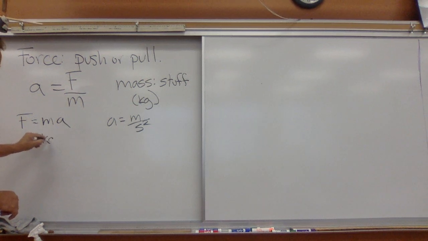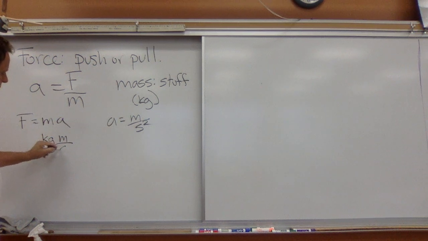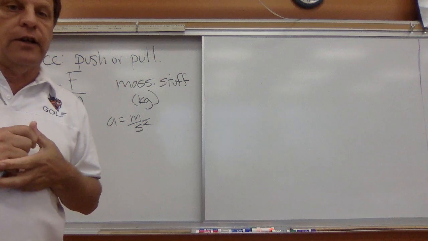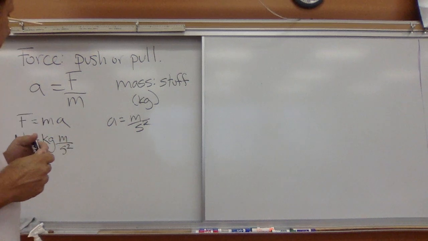The units for mass is kilograms. The units for acceleration are meters per second squared. And therefore, the units for force are kilogram meter per second squared. And that is known as a Newton. So the units for force are newtons, and it was named after Sir Isaac Newton, who had 3 very famous laws on the laws of motion plus gravity, and we will get more into that as well.